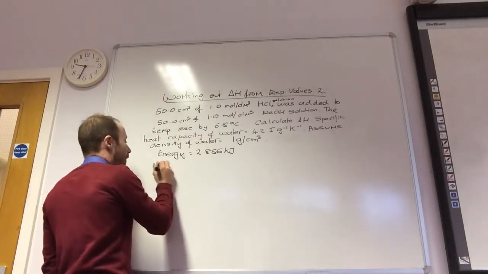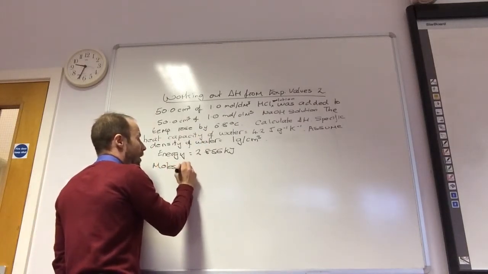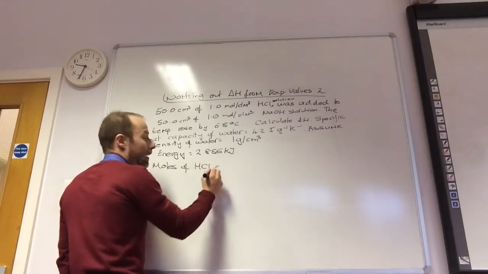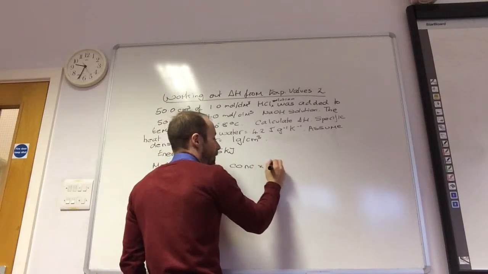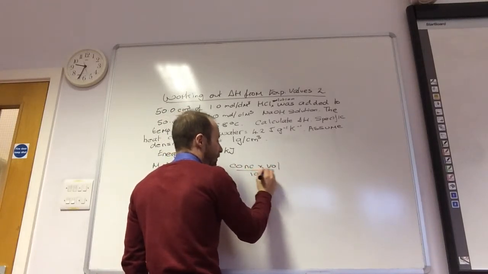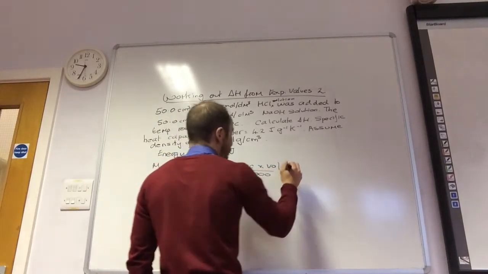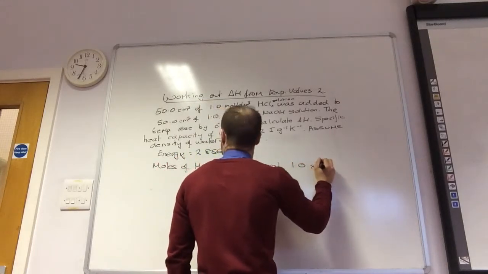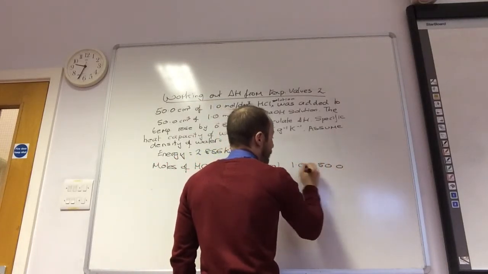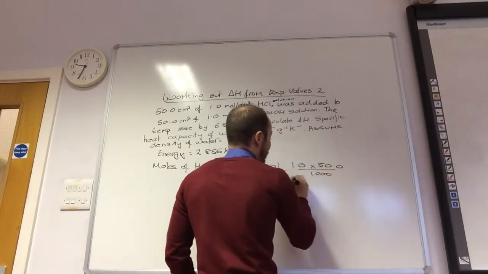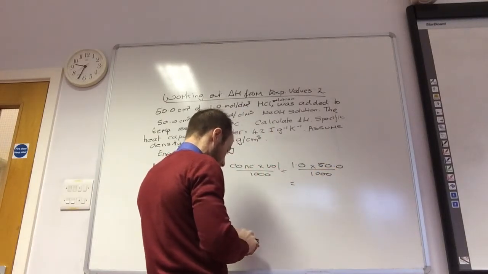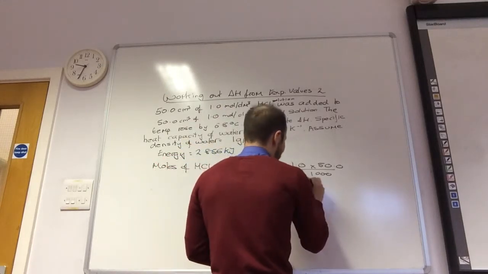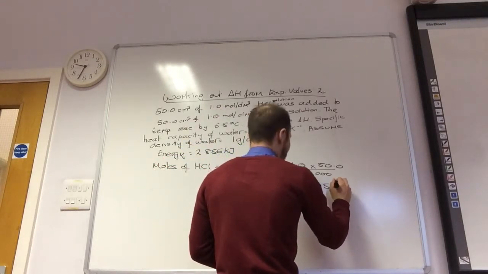So let's work out moles of HCl, which is concentration times volume over 1,000. Concentration is 1.0. The volume is 50.0 over 1,000, which is actually 0.05 moles.